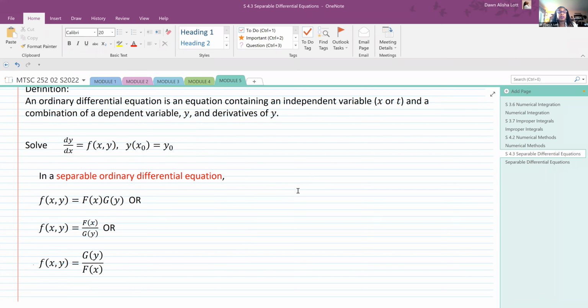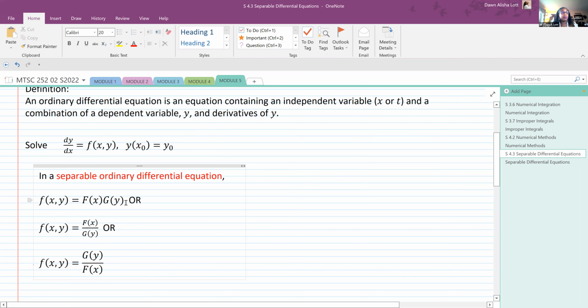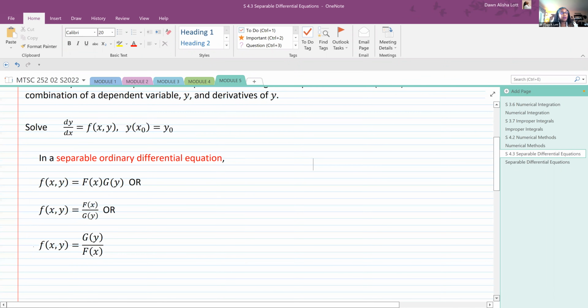It may look like the product of two functions. So you may have f of x times g of y, or you may have a rational function, f of x on the top, g of y on the bottom, or g of y on the top, f of x on the bottom.